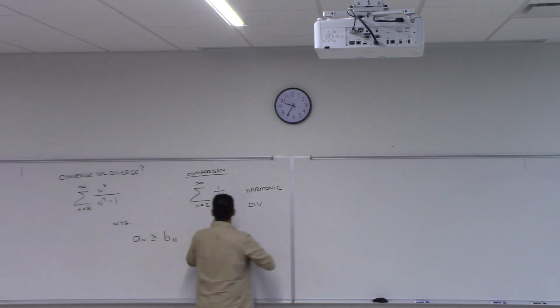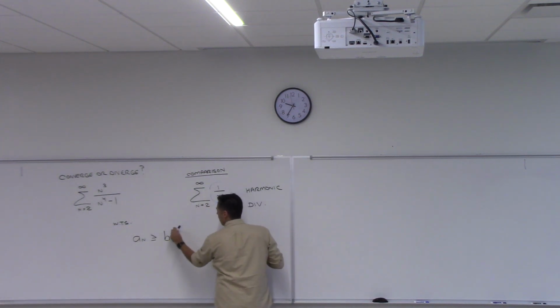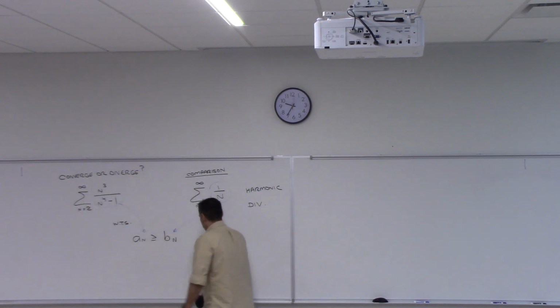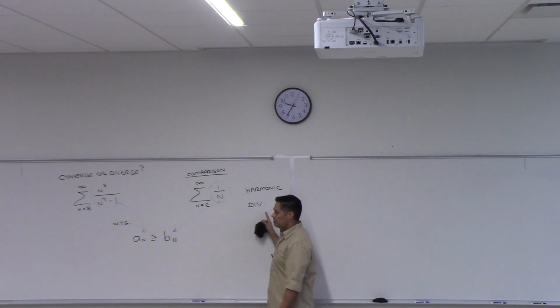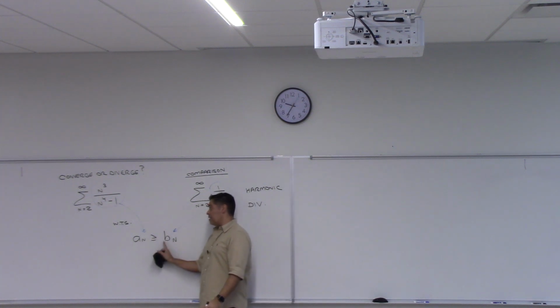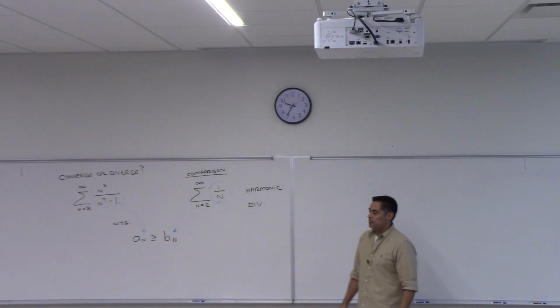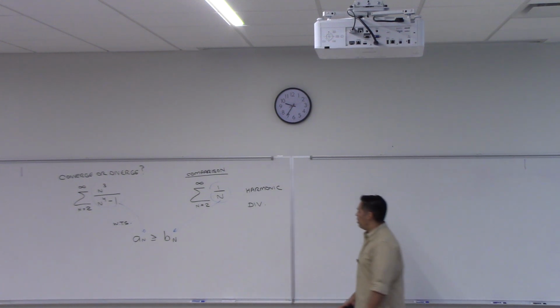If these add up to be infinite, and those are bigger than those, then those will add up to be infinite as well. So we have to show that inequality.